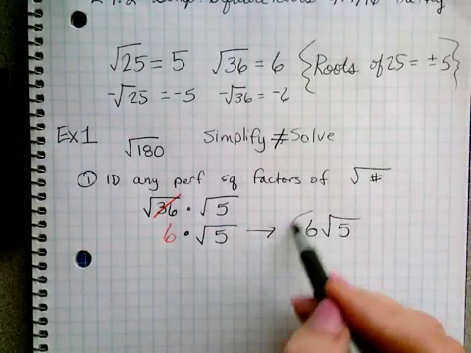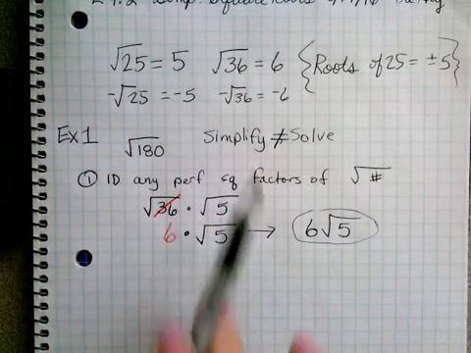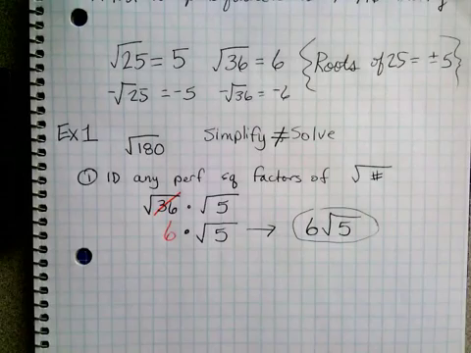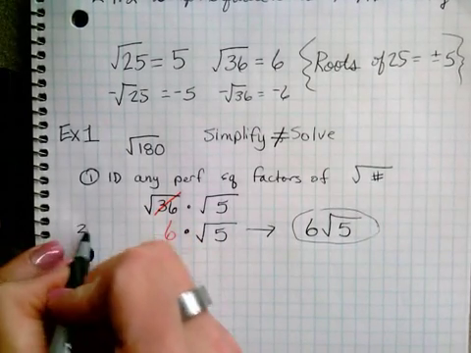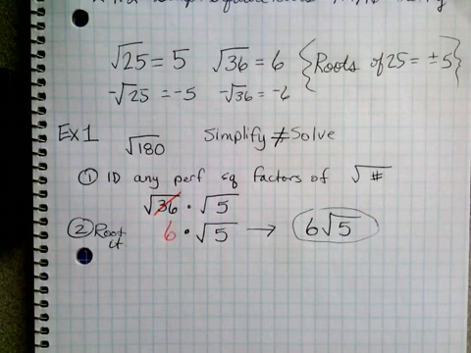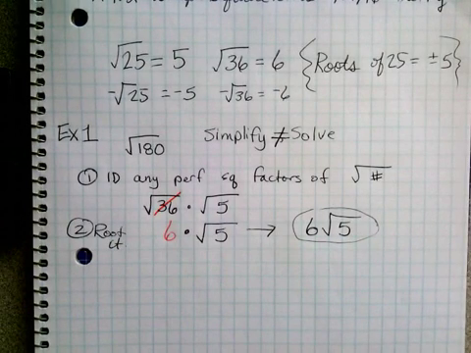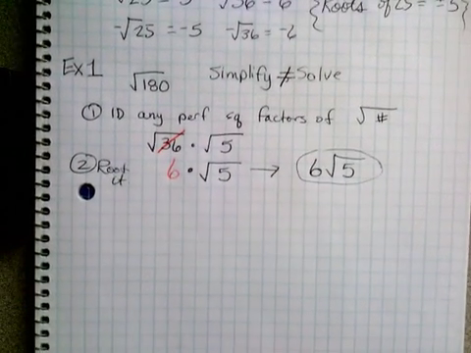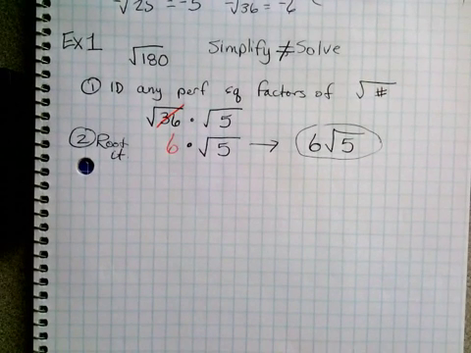Okay? This is all you need when you are asked to simplify. Step 2 was root it. Okay? These don't get terribly hard, I don't think. For the most part, you should be able to figure out the factors that would work for you.